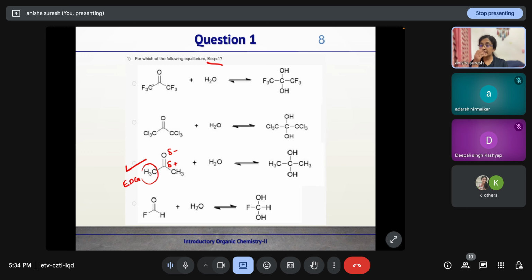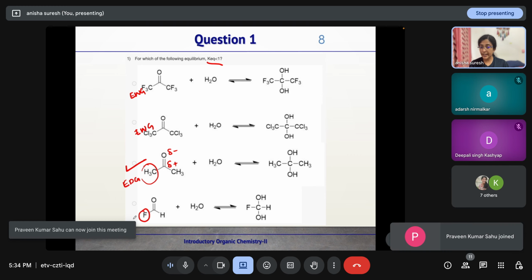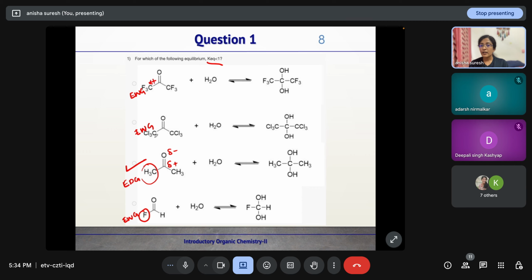But when we consider CF3, CCl3, etc., these are all electron withdrawing groups. Here you can see fluorine, which is an electronegative atom, so this will also be an electron withdrawing group. These groups withdraw the electron density and make the delta positive charge on the carbonyl carbon more.